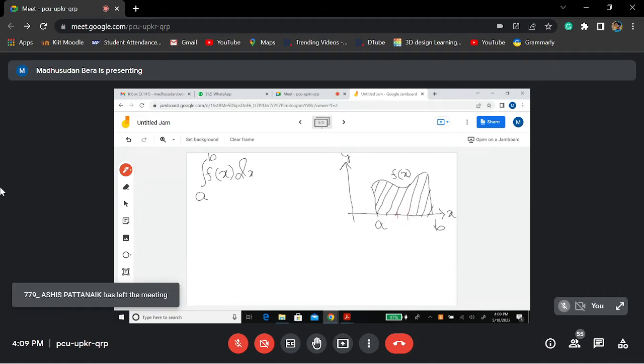Suppose the first point is x0, the second point x1, the third point x2, and so on up to xn.